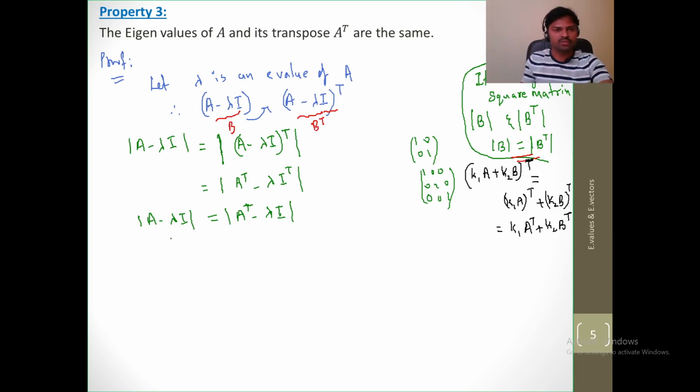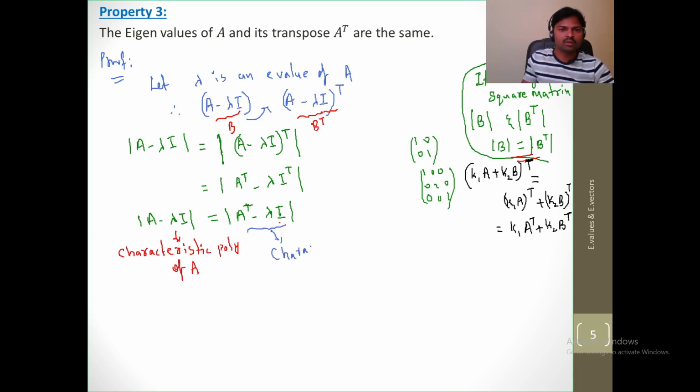Indirectly, this one is nothing but the characteristic polynomial of A, and this one is nothing but the characteristic polynomial of A transpose.